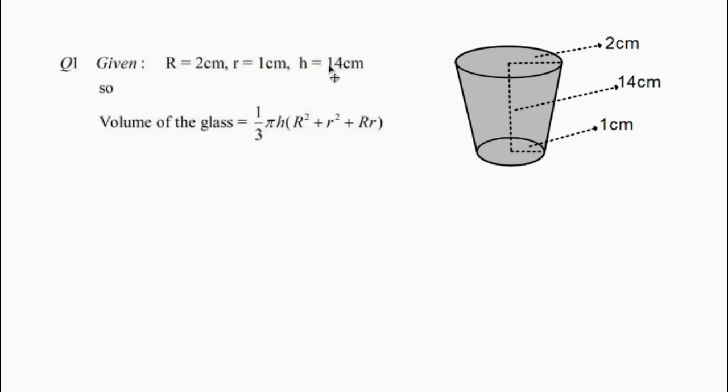Now if we apply the volume of a frustum, the volume of the glass will be 1/3 pi h times (R square plus r square plus the multiplication of the two radii). If you put in the values for the bigger radius, the smaller radius, the height, and the value of pi as 22/7, we can get the capacity of the glass.